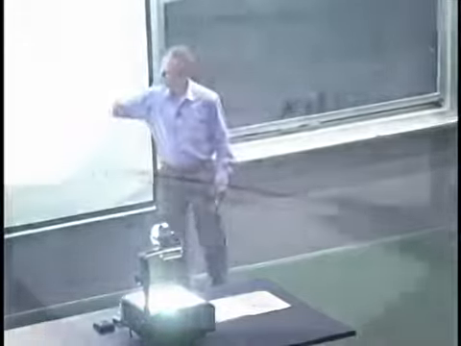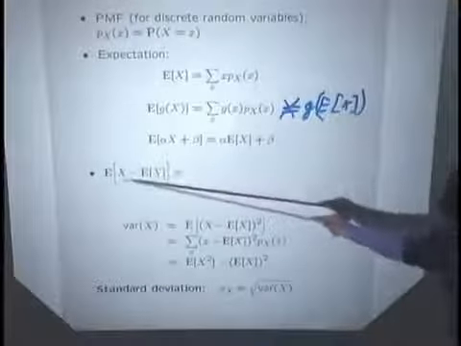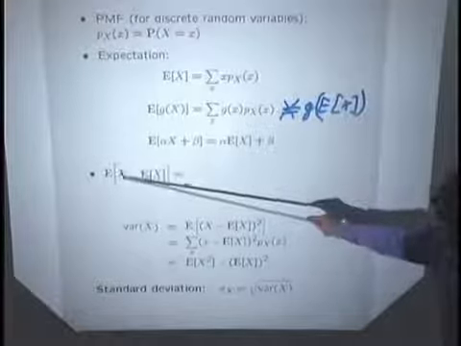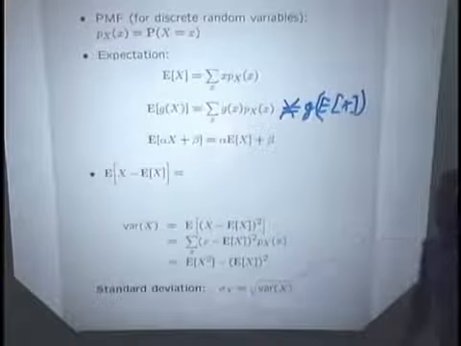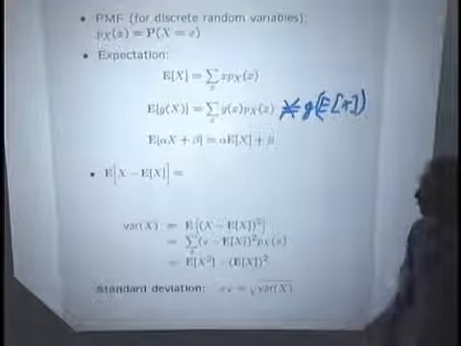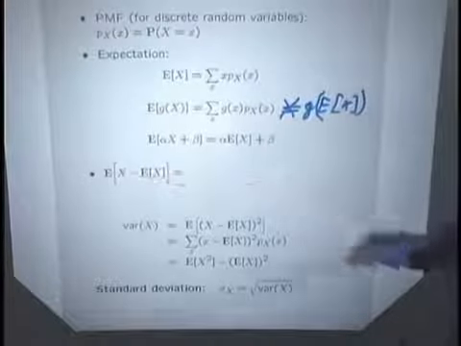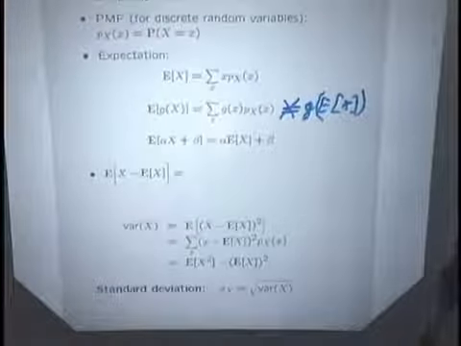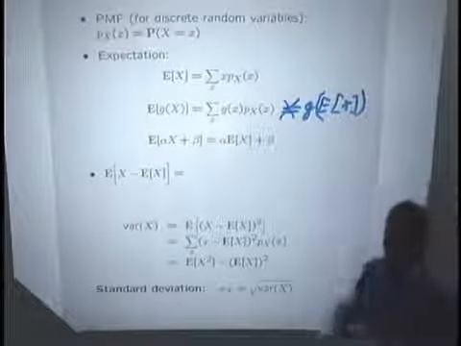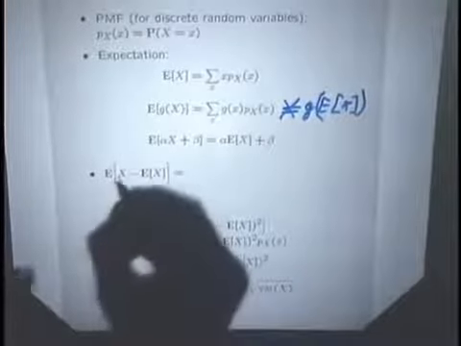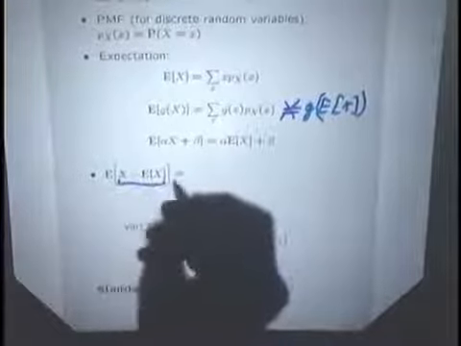So let's look at this quantity, x minus expected value of x. This is the distance from the average value. For a random outcome of the experiment, this quantity measures how far away from the mean you happen to be. This quantity inside the brackets is a random variable.